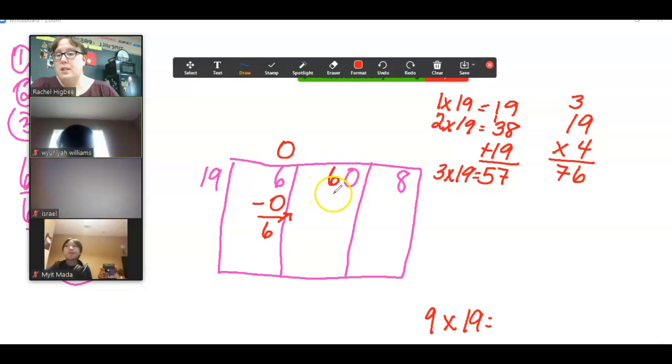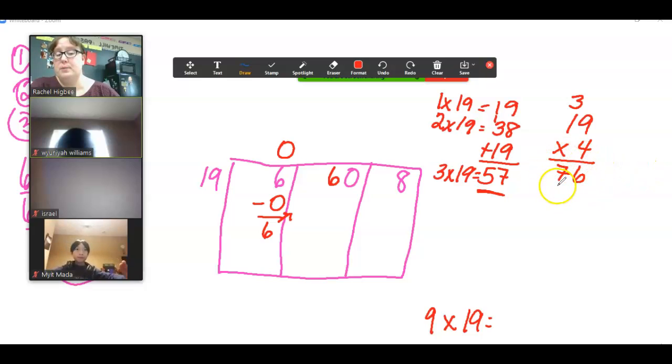Now, if you have done your repeated addition and you have your list already, it's just like looking at a multiplication chart. I start looking for 60, but I don't want to go over. So I can see right here that 3 groups of 19 is 57, and that's really close. Okay, and if I were to try 4 groups, that's too much.